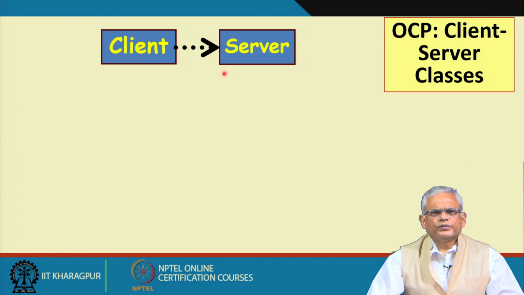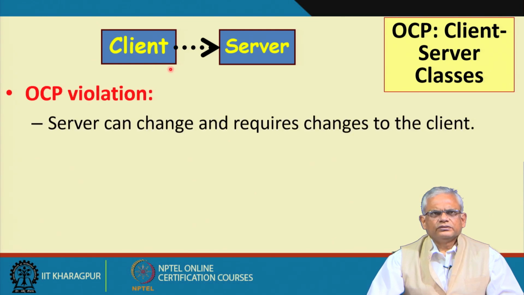It violates the open closed principle, because if the server changes, the client needs to change. So this is not a good design, it violates the open closed principle, because of the explicit dependency of the client on the server, and the server is a concrete class, and there are likely reasons for it to change, and when it changes, the client will get affected.